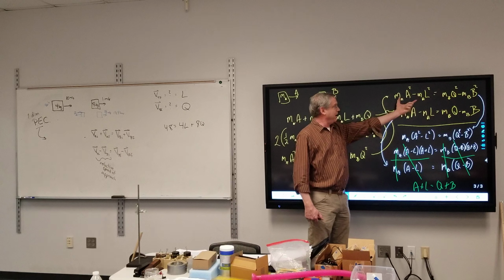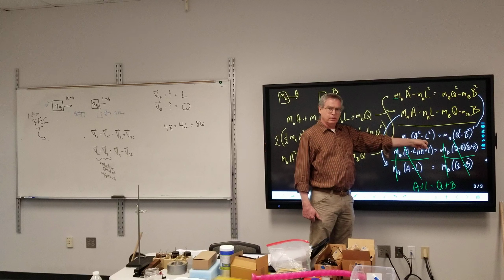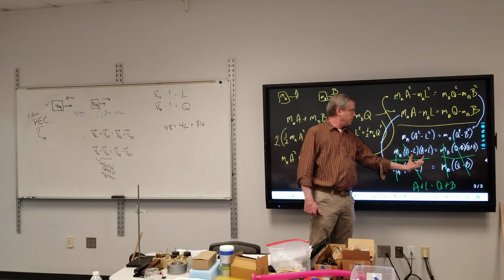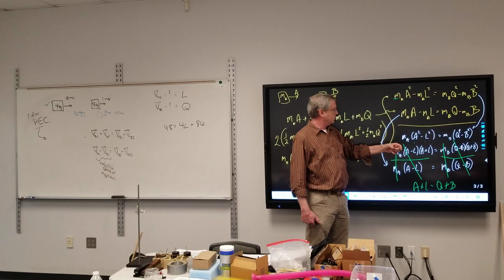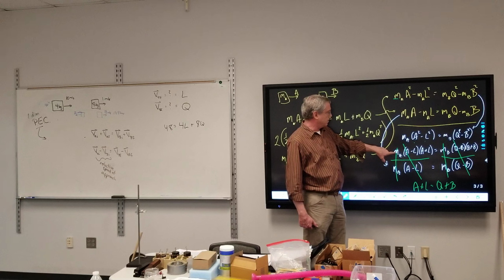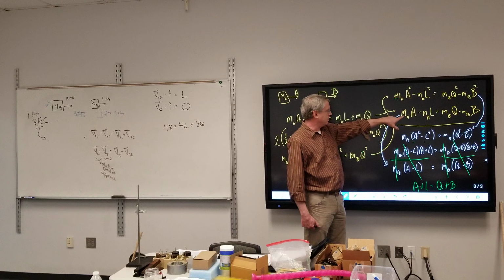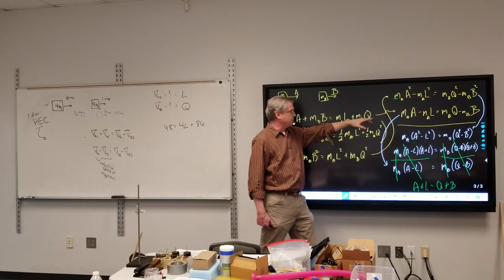I factored MA out, and I'm left with MA times A squared minus L squared. And then, oh, so factoring that next part isn't valid in the white part? The MA minus MAL? Right. Right above the white. That is coming from the conservation of momentum. Oh, okay.